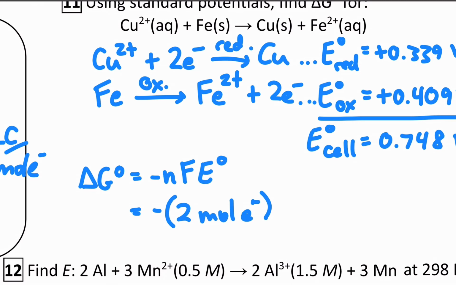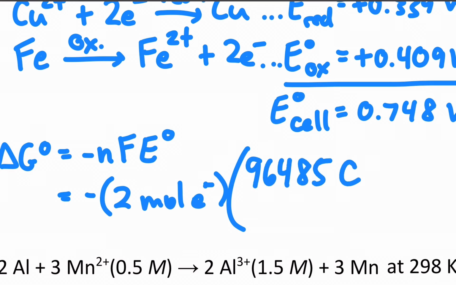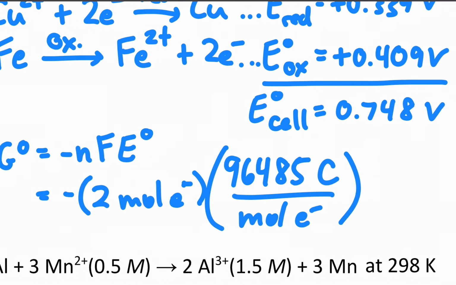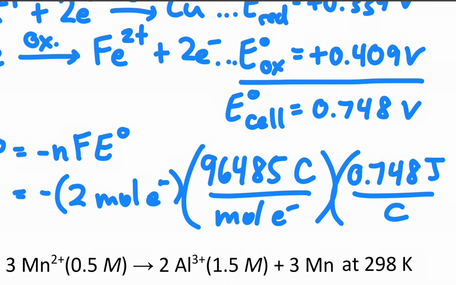And then Faraday's constant is 96,485 coulombs per mole of electron. And then we have the voltage, 0.748 volts. You might remember from your physics class, a volt is a joule per coulomb. So I'm actually going to write it as 0.748 joule per coulomb.